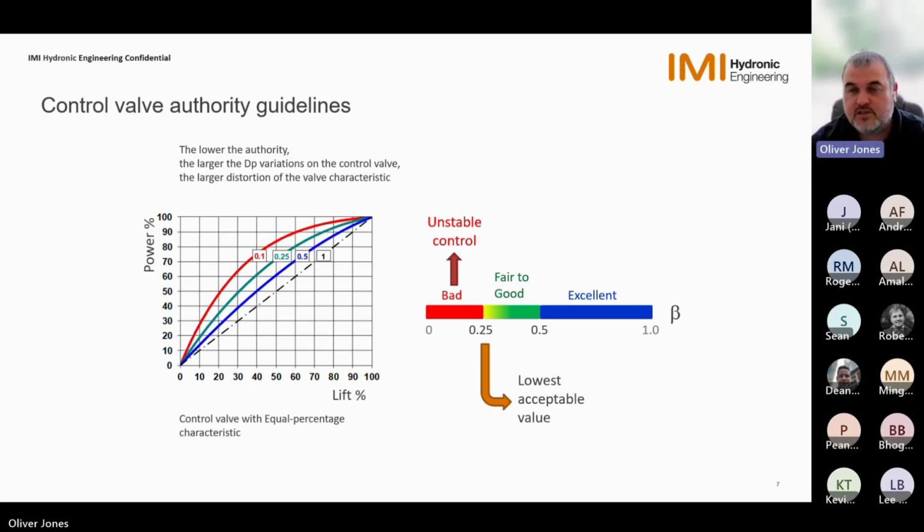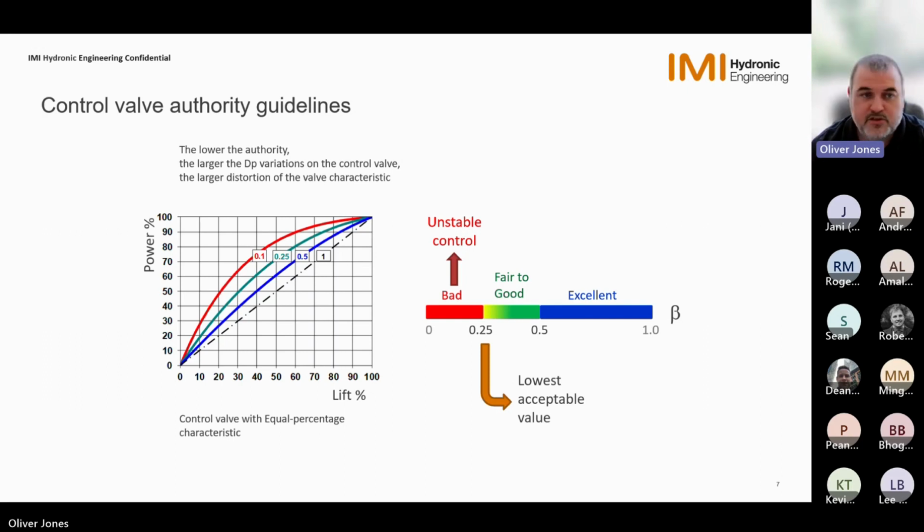This will vary due to the variations in the system itself, how much differential pressure we have, how much flow we have through the valve at the time, and the type of control that we're doing. So it will vary. We can see the lowest acceptable value is 0.25. So on control valves, we always look for 0.25. On our graph, we can see that that's quite distorted compared to our perfect linearity between lift and power.